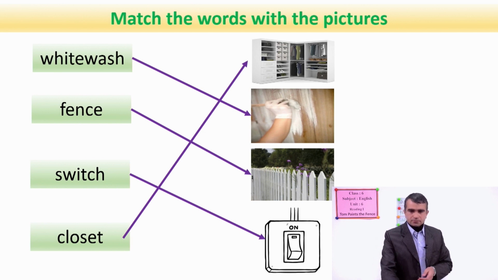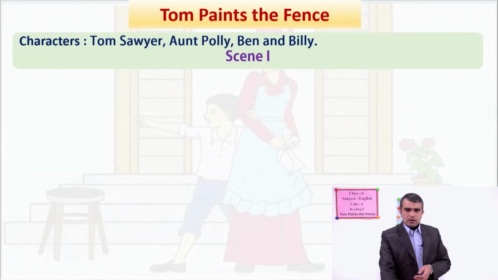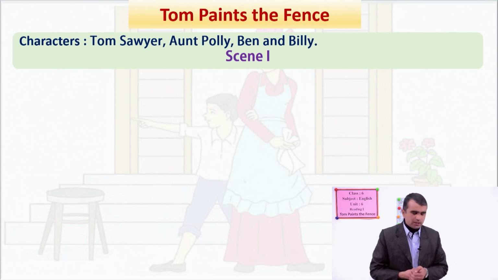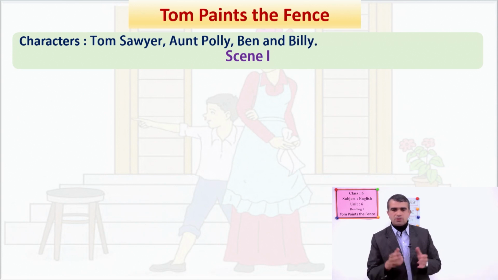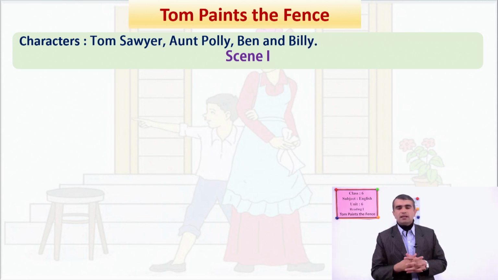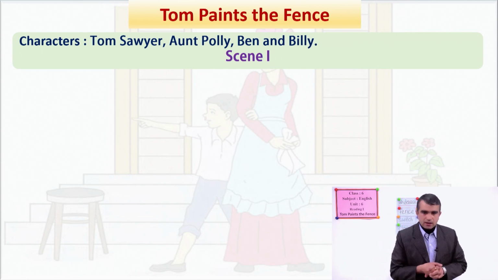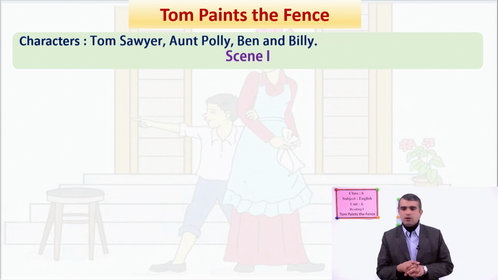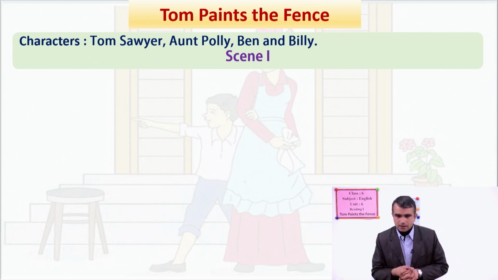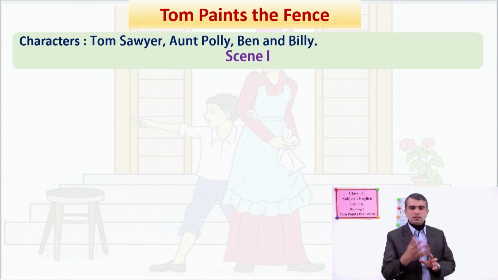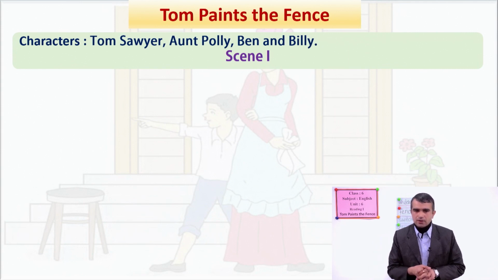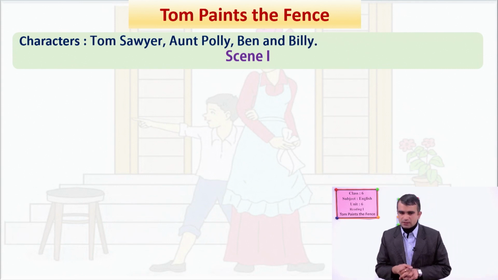Now let's come to this reading. Tom paints the fence. I told you this is one drama, and in drama there are some characters. Characters are the people who are present in the drama. Here are how many characters? You can read on the screen. There are 4 characters.